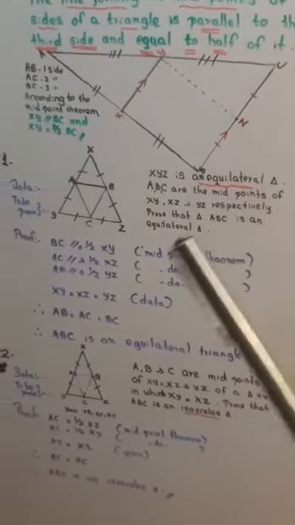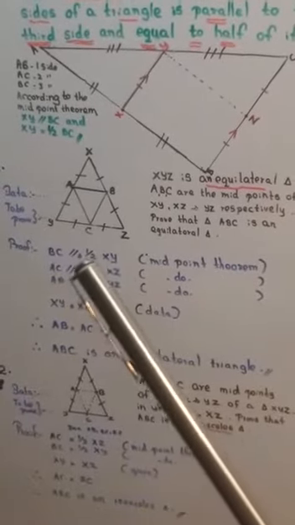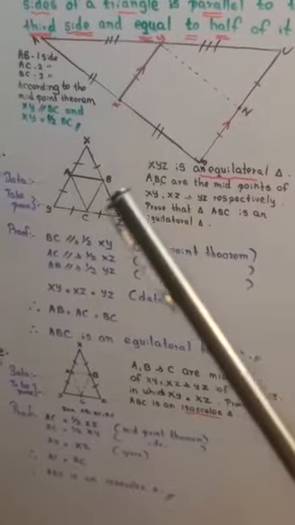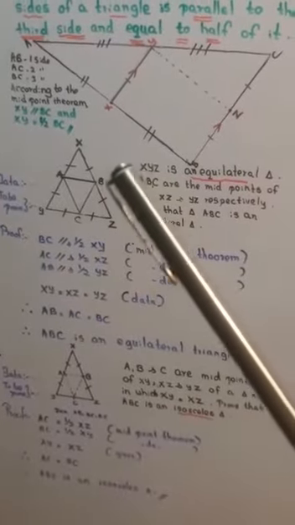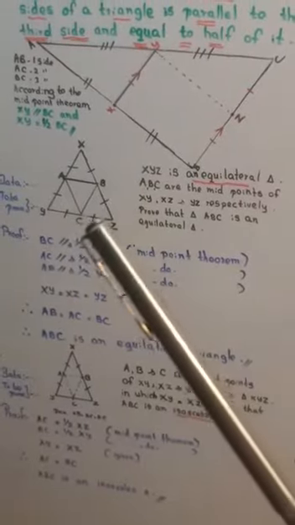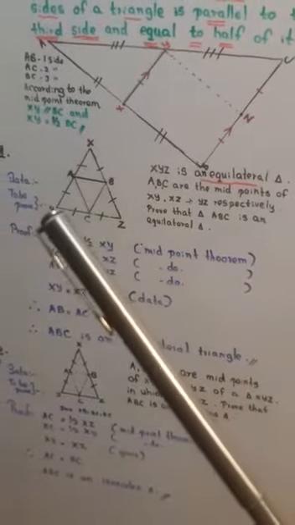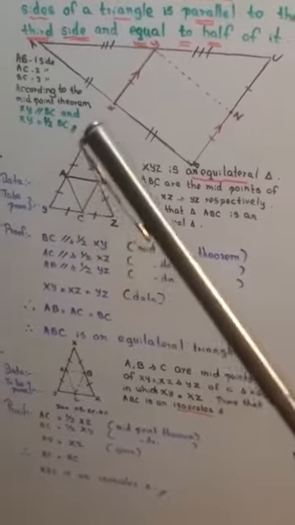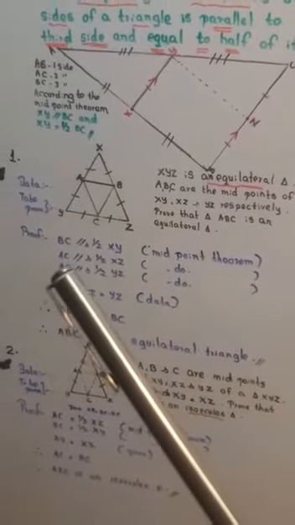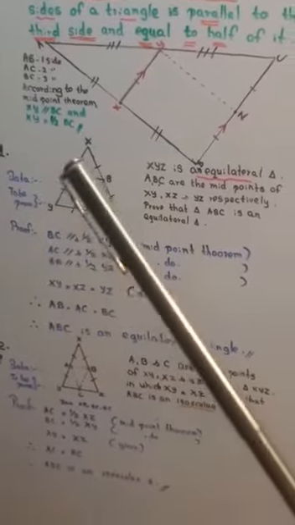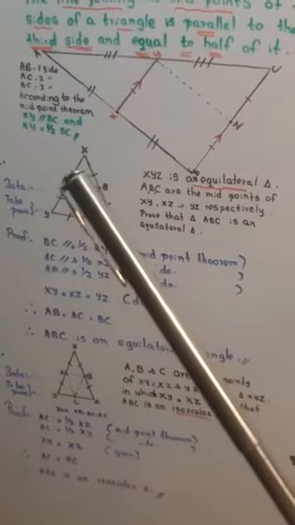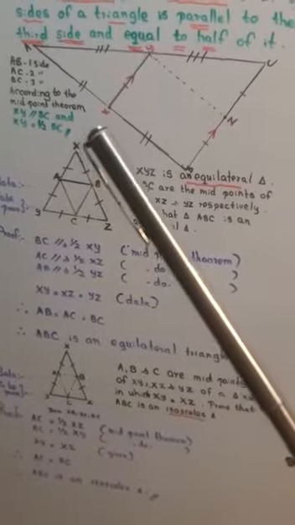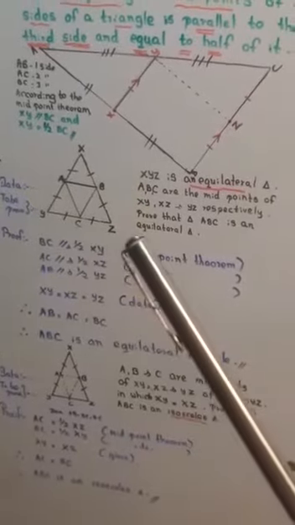BC is parallel to XY. BC joins midpoints of two sides. The third side is XY. Then we can say BC is half of XY. Similarly, we will take AC. A and C are midpoints of XY and YZ.